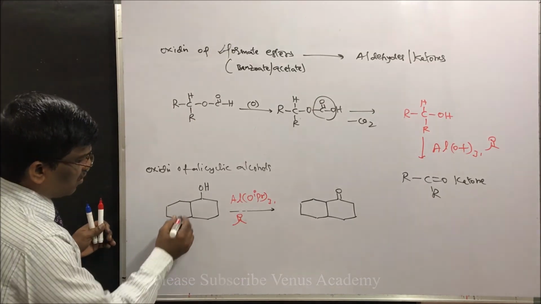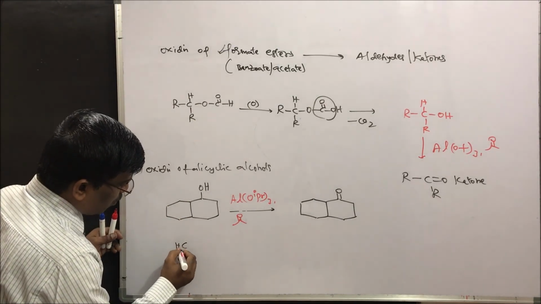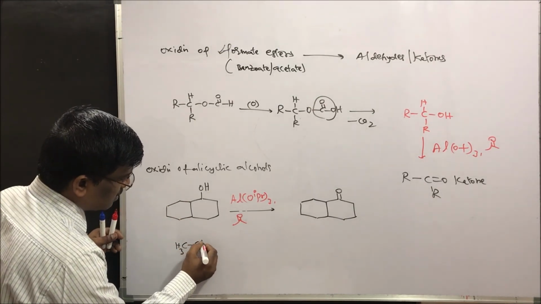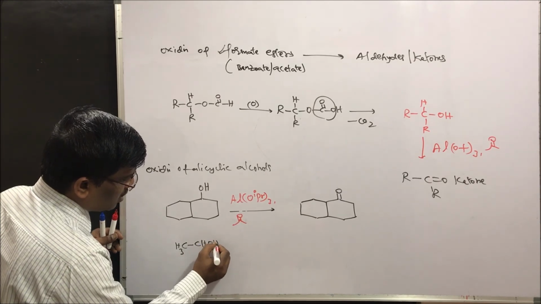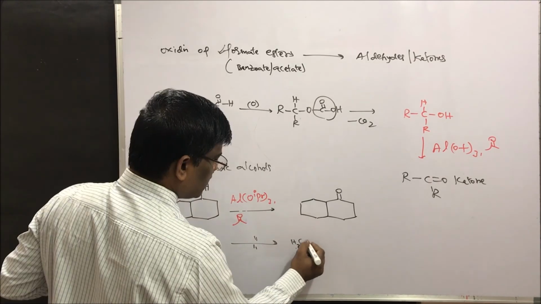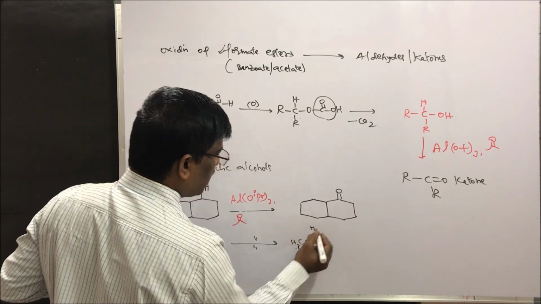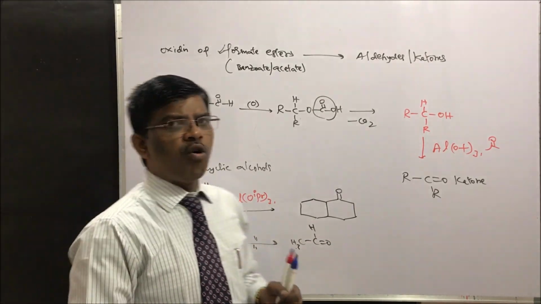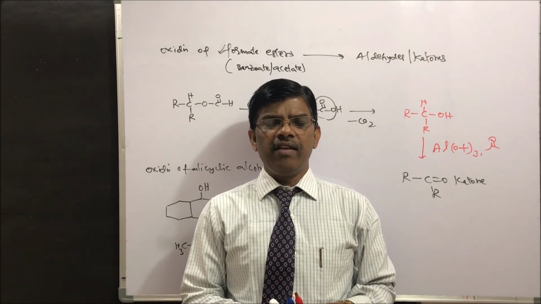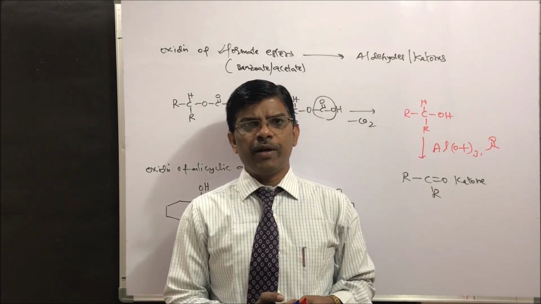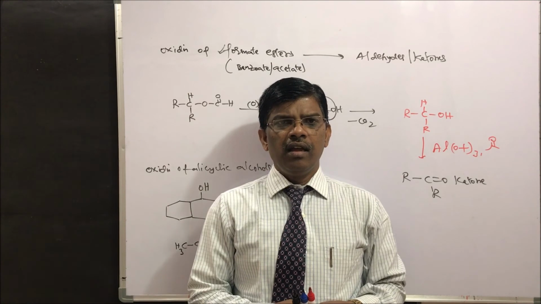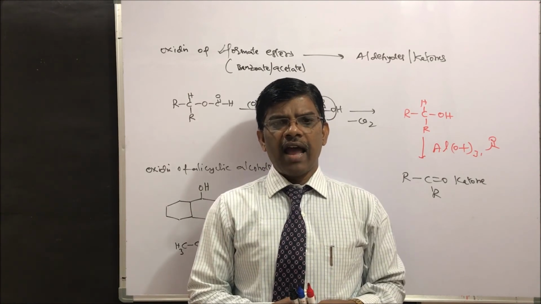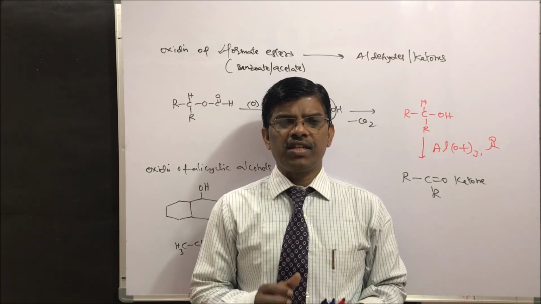Yes students, a simple example, ethanol CH2OH to acetaldehyde, can be done using Oppenauer oxidation. This is how this Oppenauer oxidation reaction is a very important reaction with respect to its chemoselectivity, and it is highly useful during the synthesis of steroids.